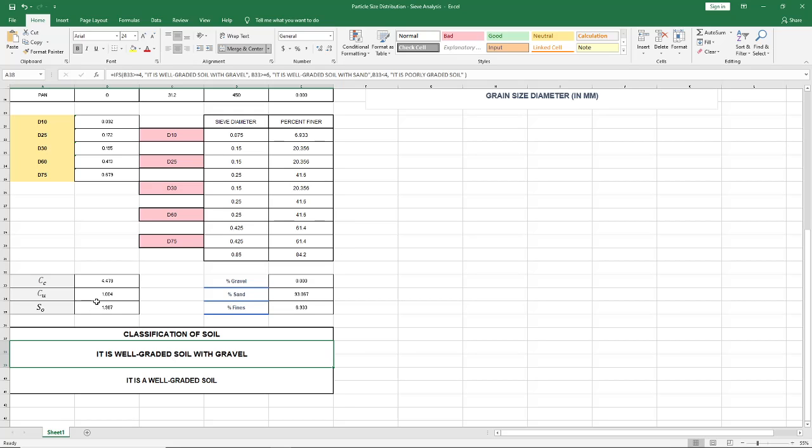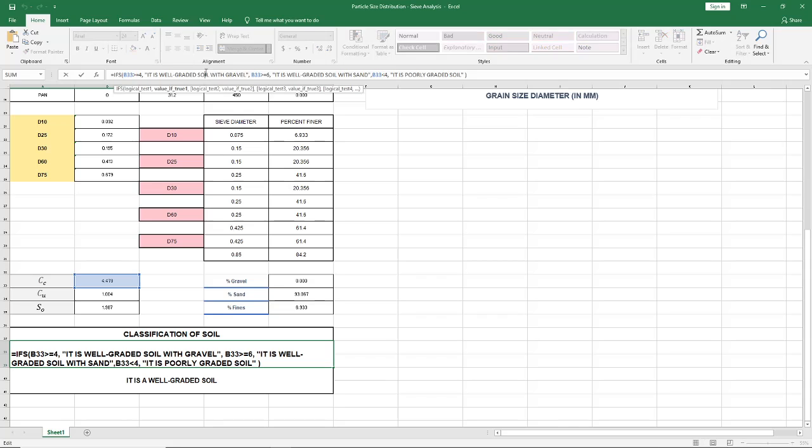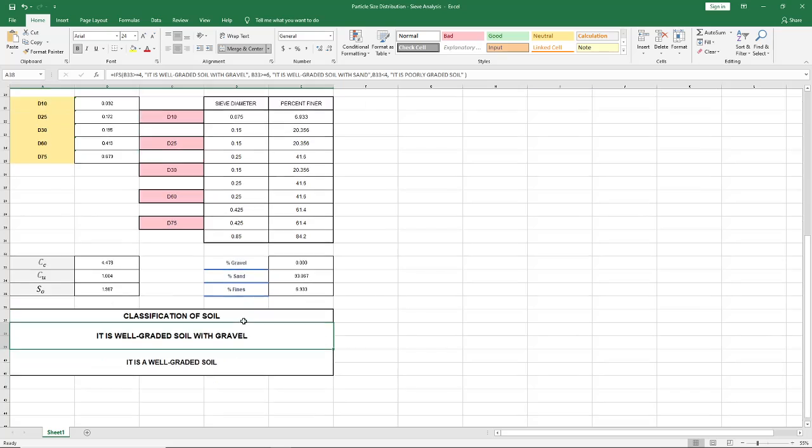If it is greater than 6, then it is well-graded soil with sand. But if any of these is below 4, then it is a poorly graded soil.